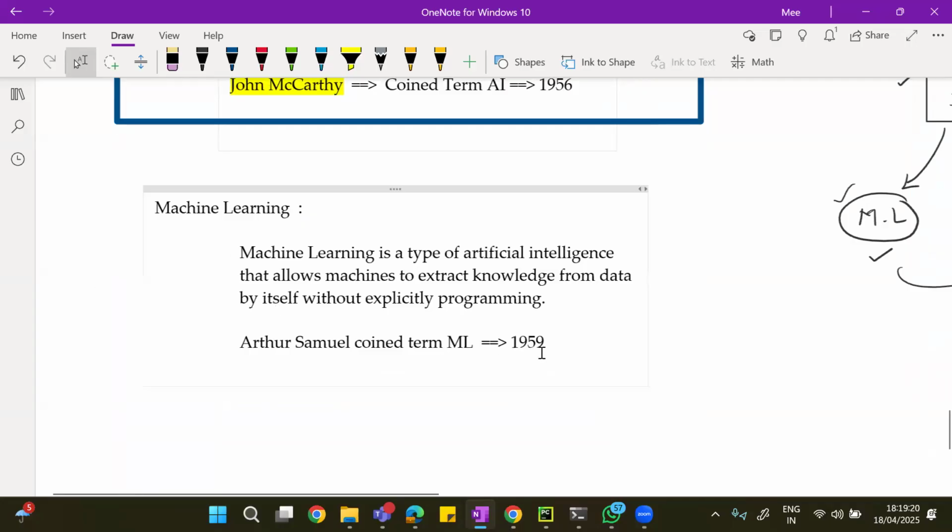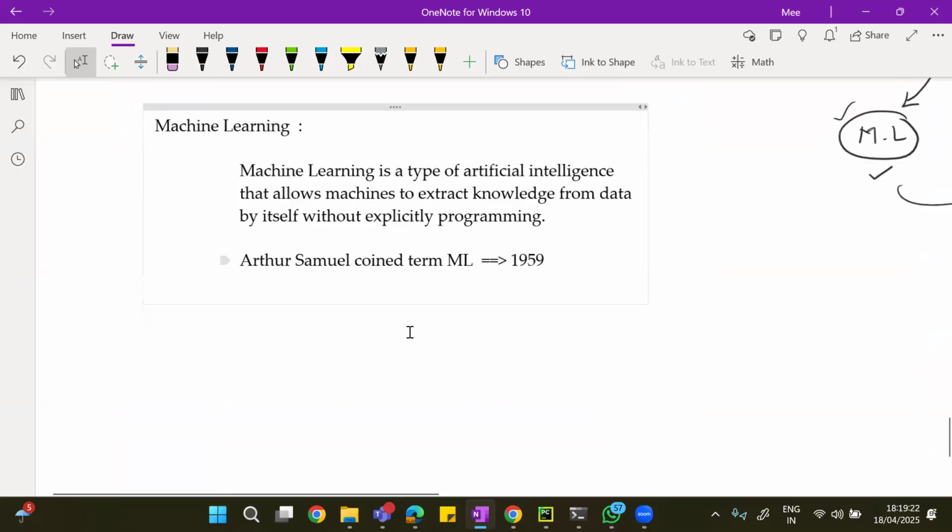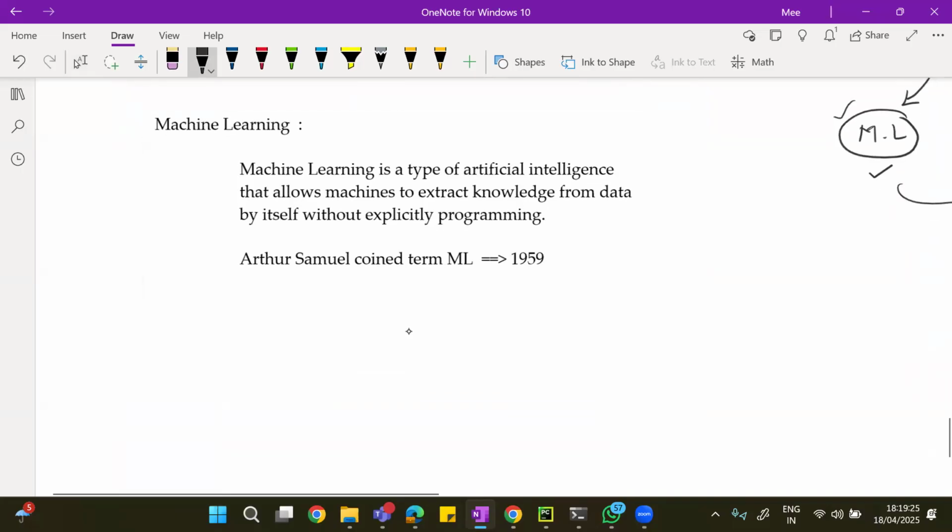Who? Arthur Samuel. He was working with IBM in 1952, and he developed a program we call the checkers program. Checkers is just like a chess playing game.